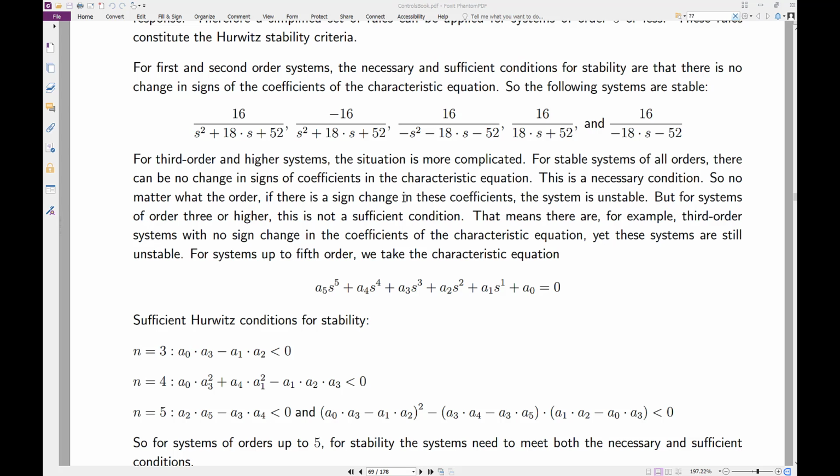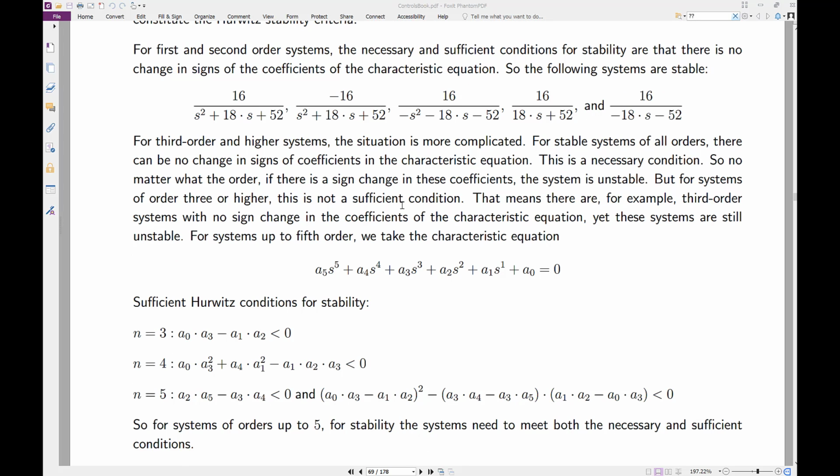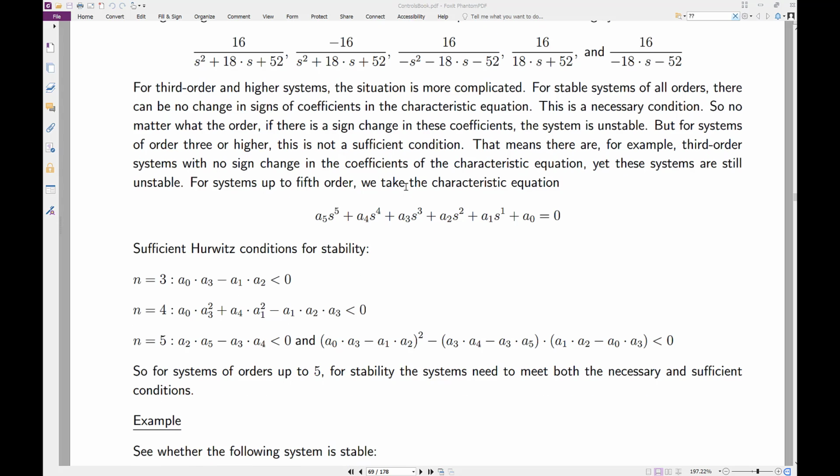So the no sign change condition is both necessary and sufficient for systems of order less than or equal to 2. Now, like I said, there's a science behind all this. I'm just giving you the rules because the science is a little bit arcane, and you could learn it if you want to, but if you just follow these rules, that's all you need to determine whether a system is stable or not.